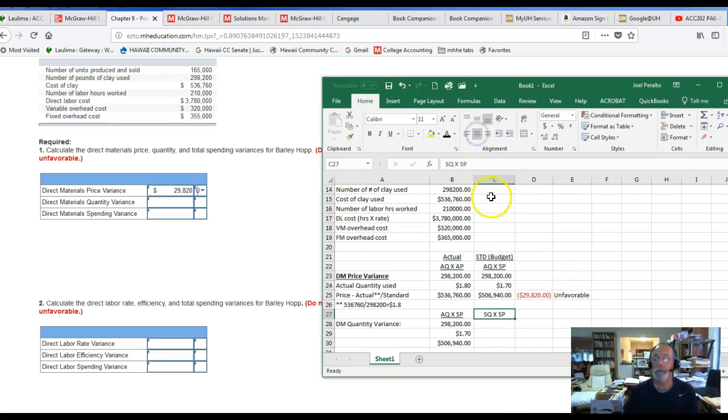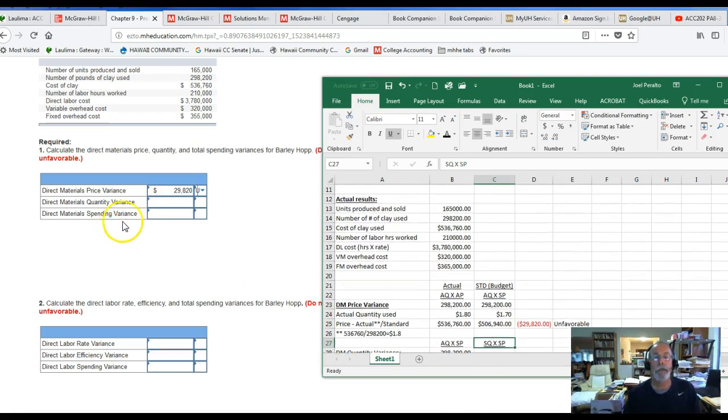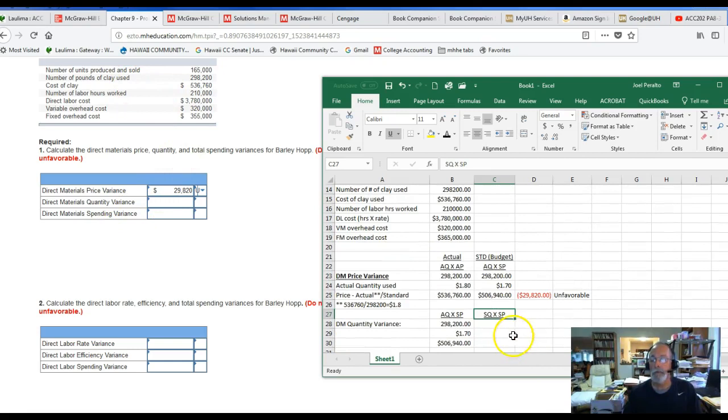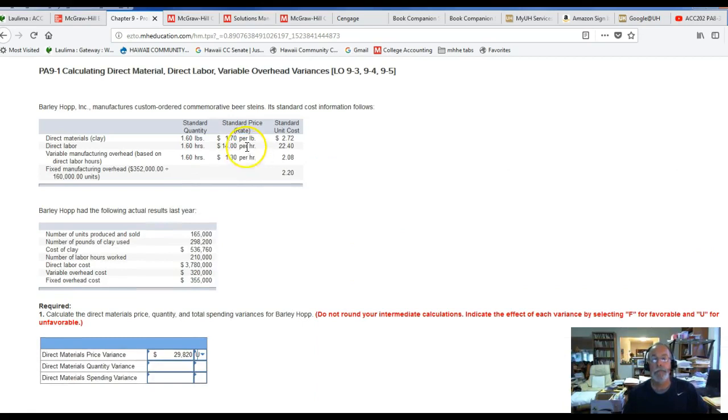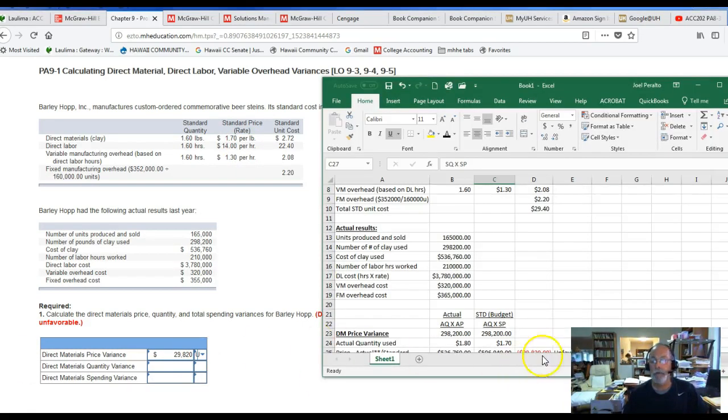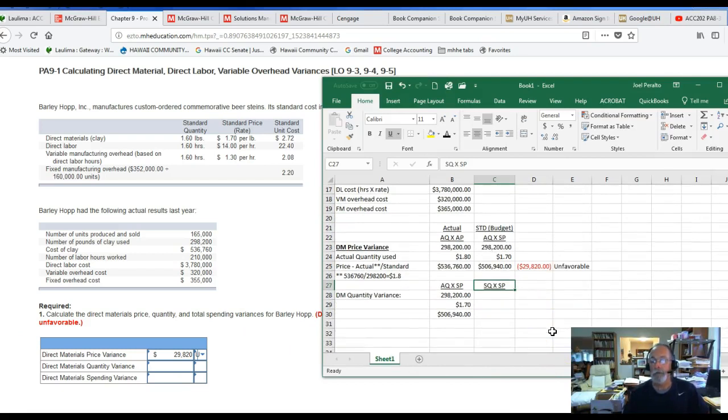And so actual quantity times standard price, that's 298,200 pounds of clay used times standard price is $1.70 per pound, and we are comparing that to standard quantity times standard price.